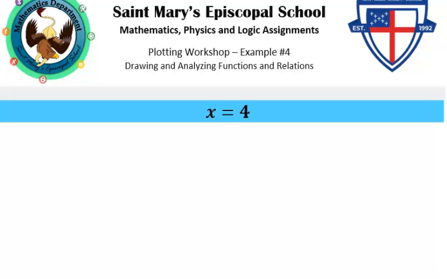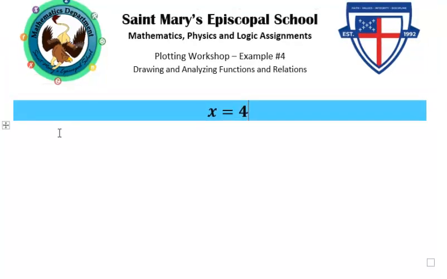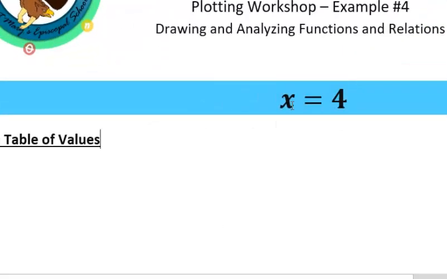Okay, so the process for working on it is kind of similar to the one we've been doing on the other one. So we're going to begin always with step one. Step one, table of values. Now, if you notice, the formula doesn't say y equals or f(x).